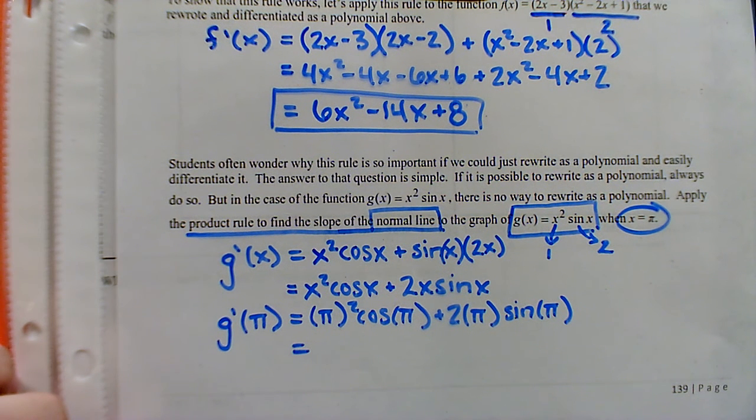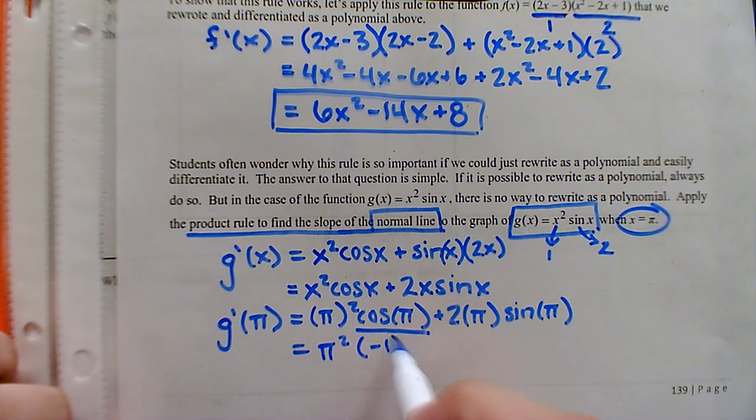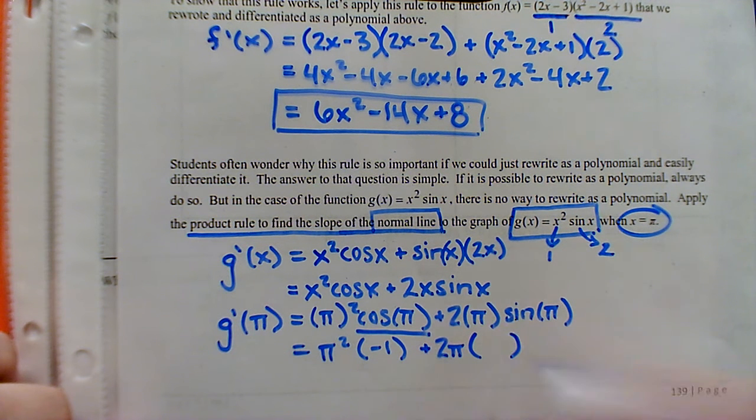Alright, so we're using trig. We got to know our unit circle. Pi is one of the big ones that we have to know. What is cosine of pi? Negative 1. So we have negative 1. Maybe I'll write that down. We have pi squared times negative 1. And then what about sine of pi on our unit circle?